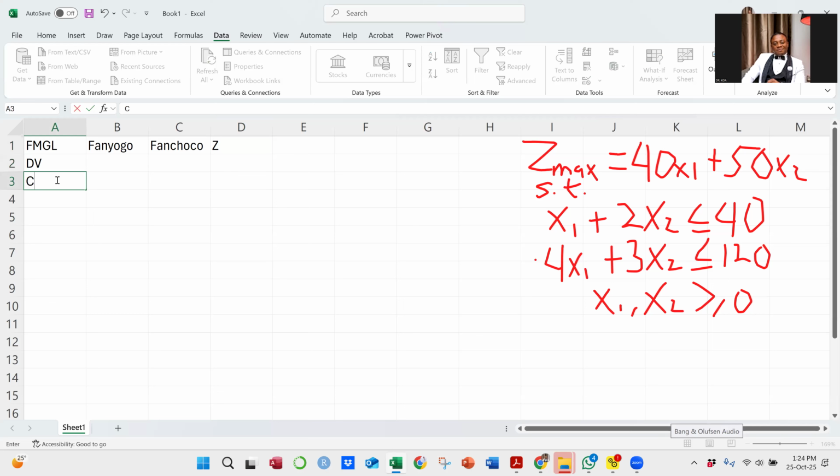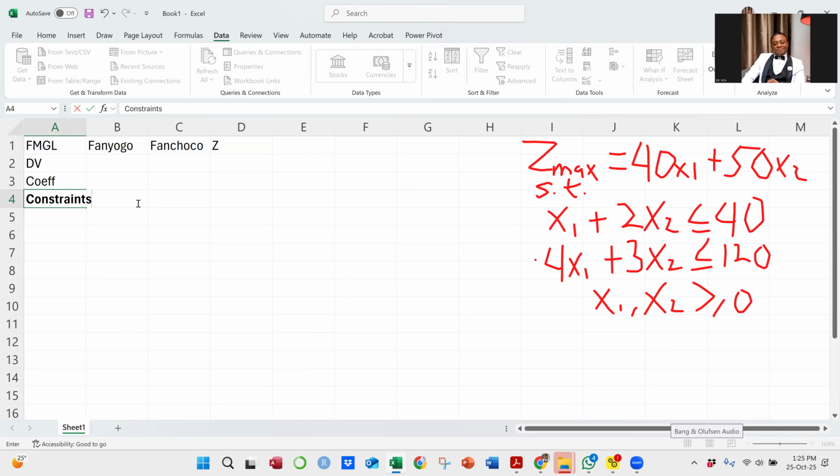Below that, write COEFF, the short form for coefficient. That represents the coefficient of the decision variables. On the right-hand side here, you see that they are the 40 and 50. Then the next thing to write is the word Constraints.